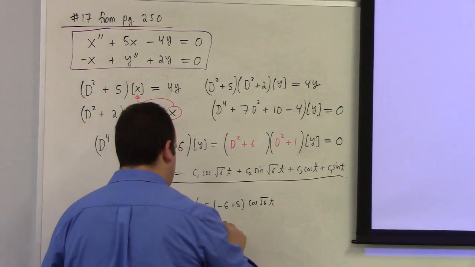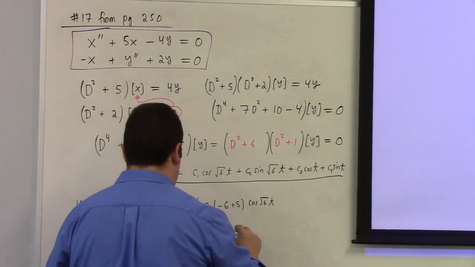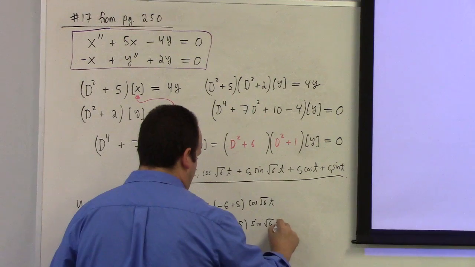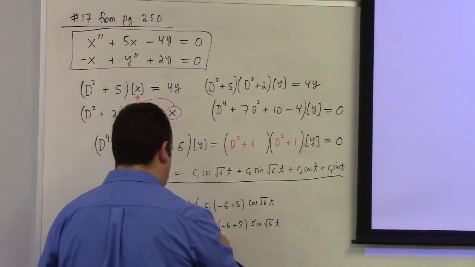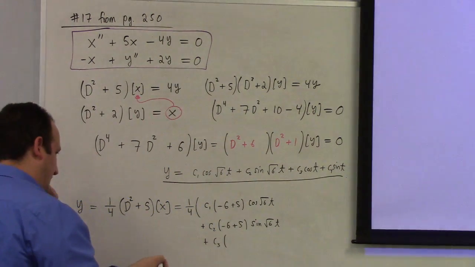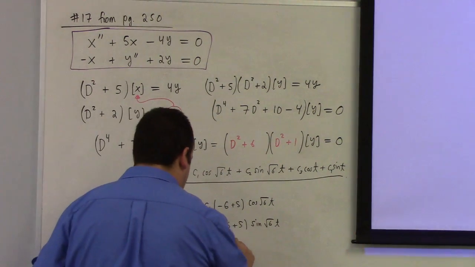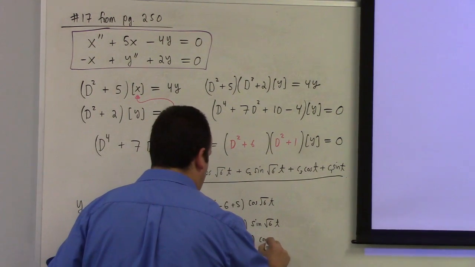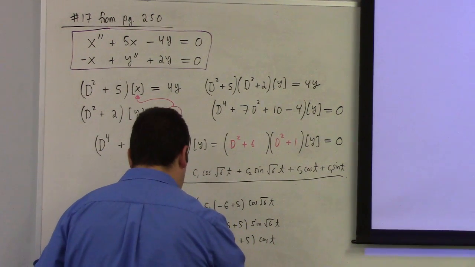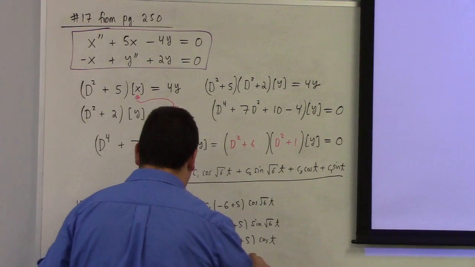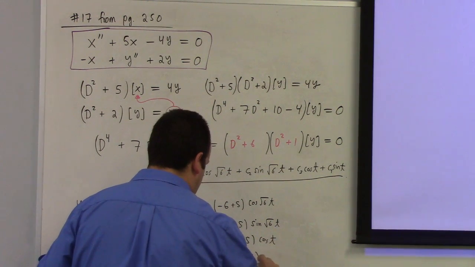And then C2 (minus 6 plus 5) sine root 6 t. And then C3, and now when you differentiate twice, you just get minus 1 times cosine, plus the 5 cosine t. C4 (minus 1 from the twice differentiating, plus the 5 here) sine t.